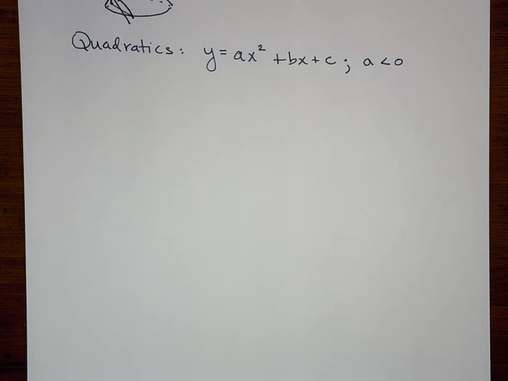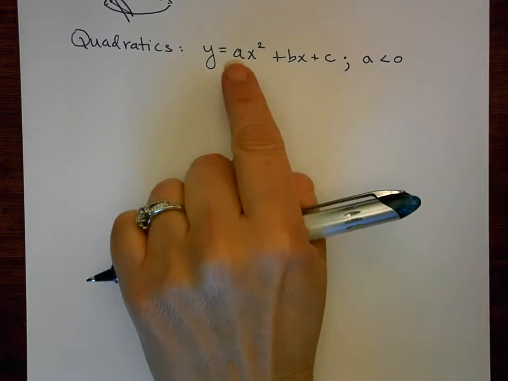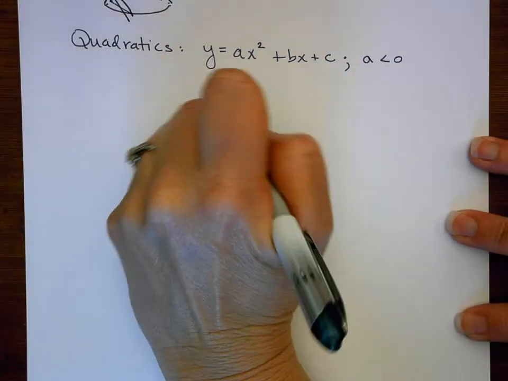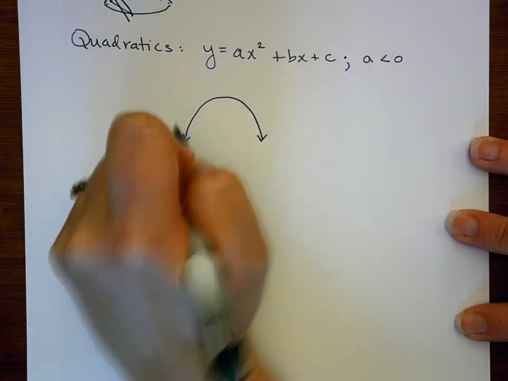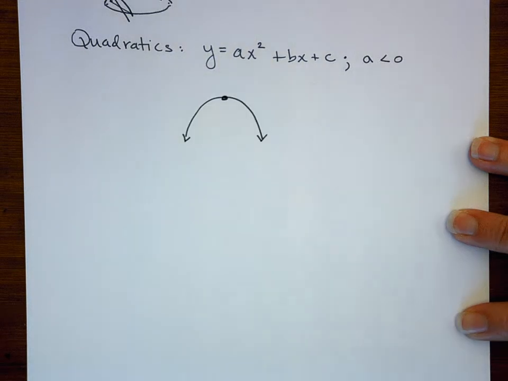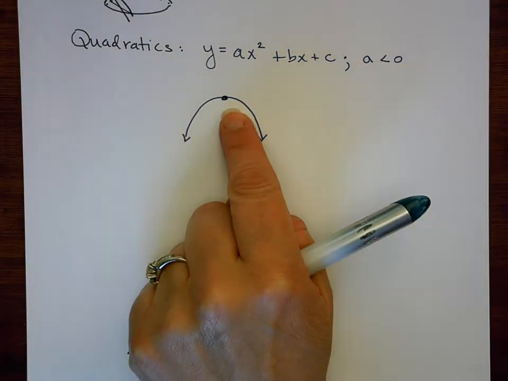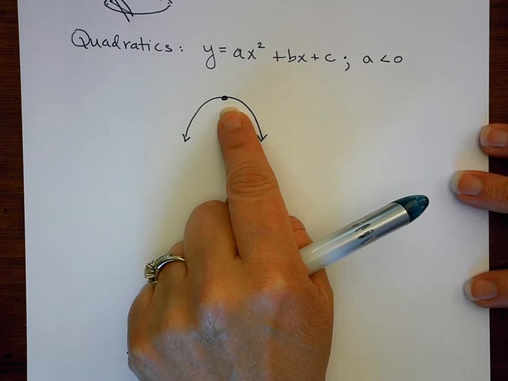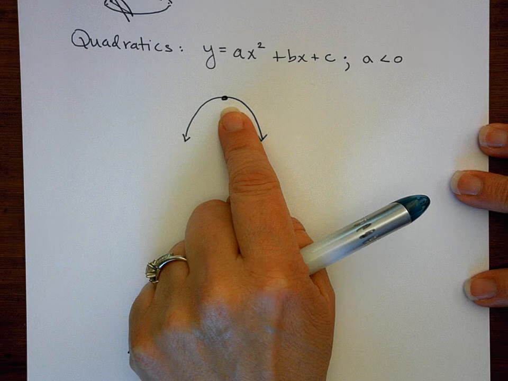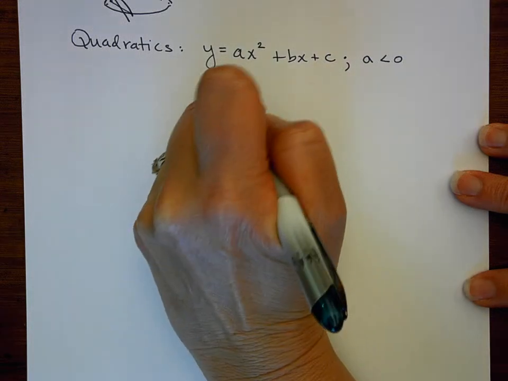So Reagan, what does that look like for your quadratic? Is that pointed up or pointed down? If this is negative, it'll be pointed down. Okay. And then Josh Davis, what is this dot called at the top here? Do you remember? Okay, good.